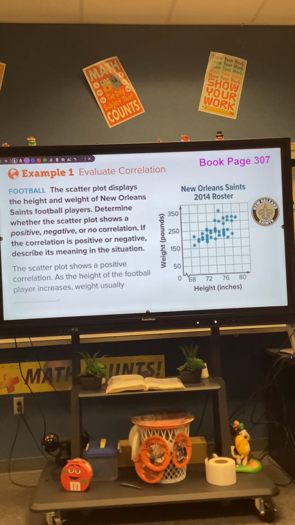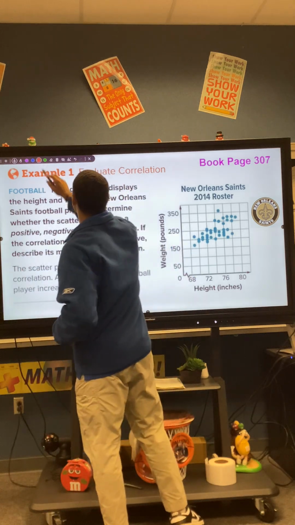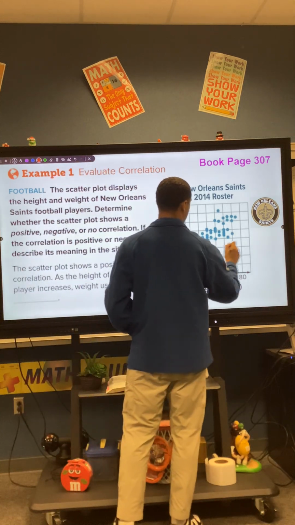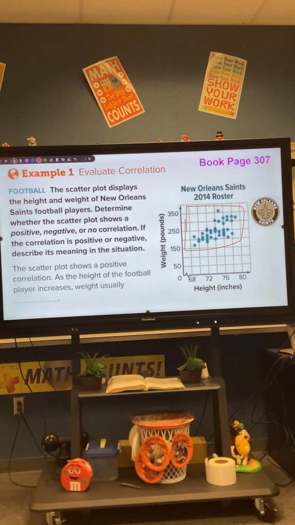The scatter plot displays the height and weight of New Orleans Saints football players. Determine whether the scatter plot shows a positive, negative, or no correlation. So what do we think? Positive, negative, no correlation? What do you guys think?